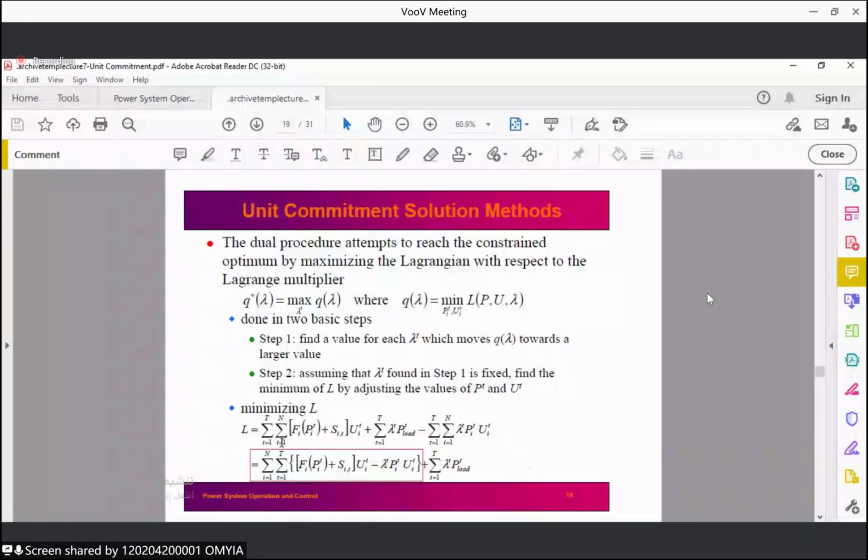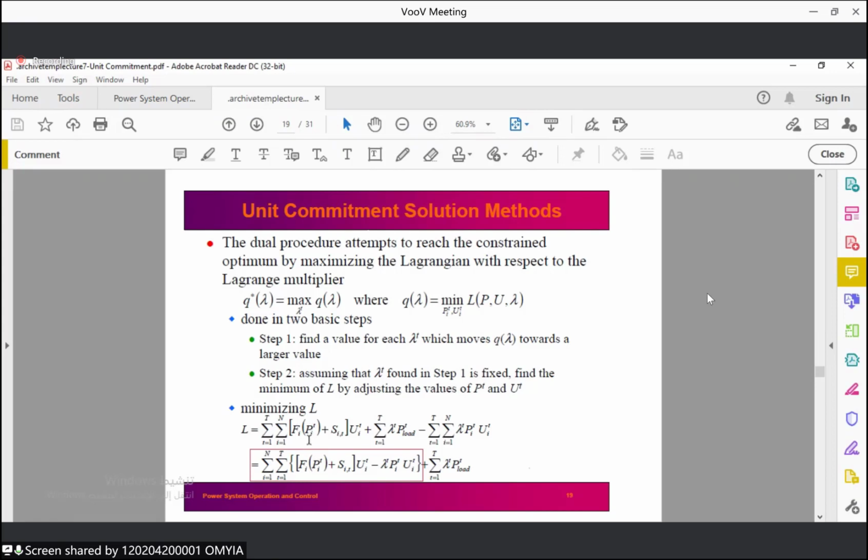L equals summation t equals 1 to T, summation i equals 1 to n, Fi(Pi,t) plus Si Ui(t), plus summation t equals 1 to T, lambda t P load, minus summation t equals 1 to T, summation i equals 1 to n, lambda t Pi,t Ui(t). This Lagrangian is a summation over all time and over all units.